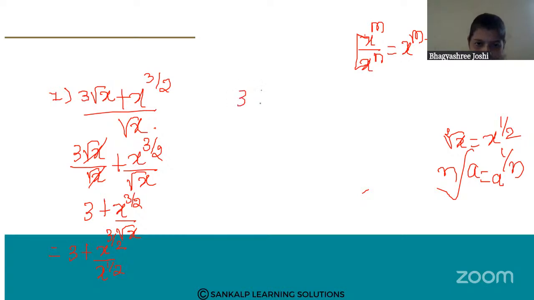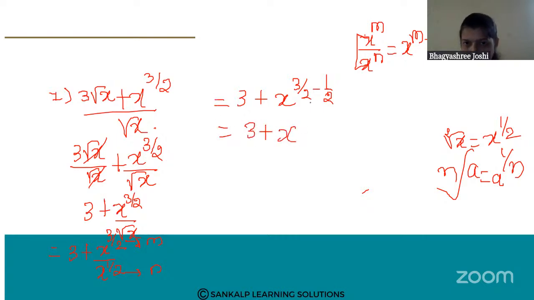Next, 3 plus x, the base is the same. So x raised to 3 by 2, that is m, and 1 by 2 is n. m minus n, 3 by 2 minus 1 by 2. Here the denominator is the same, so no need to take the LCM.